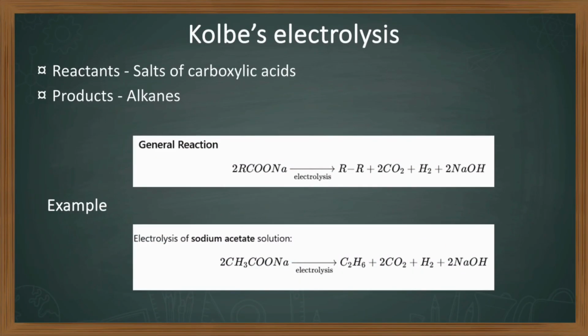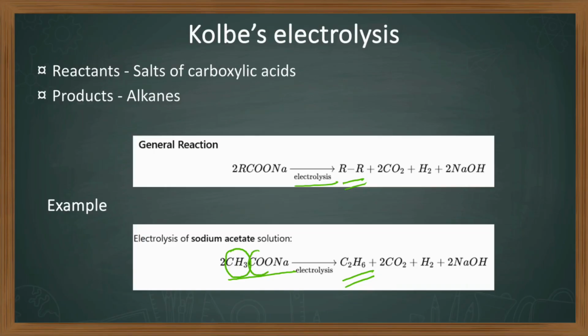What's next? Kolbe's electrolysis. Here we use the salts of carboxylic acids and we allow them to undergo electrolysis to get alkanes as products. For example, if we take sodium acetate, two methyl units from the salt couple to give ethane as the product.